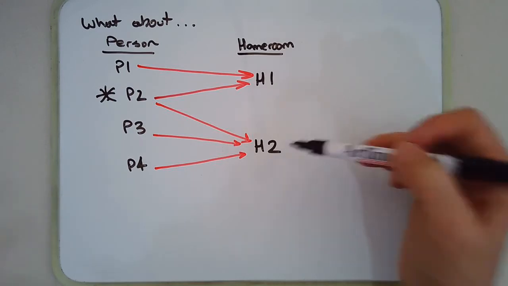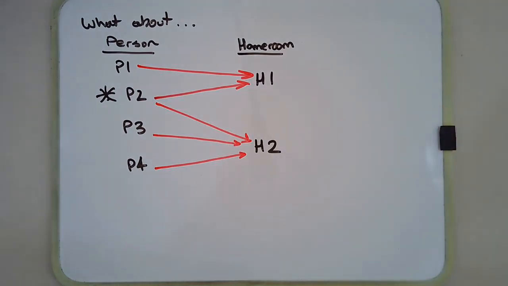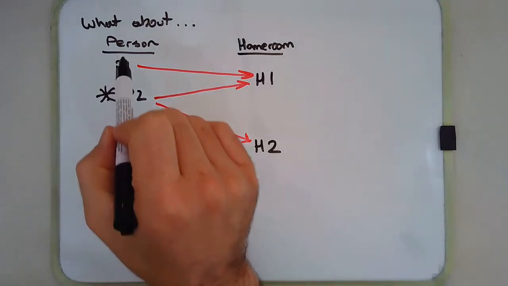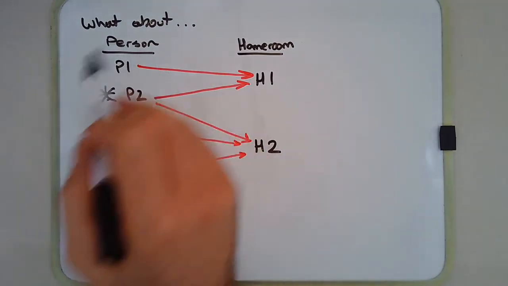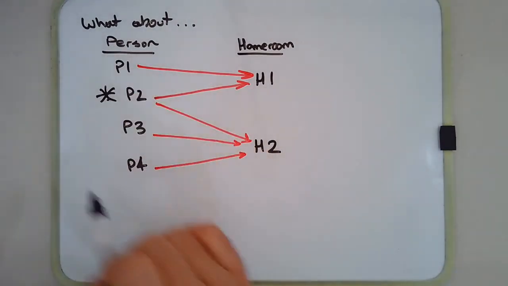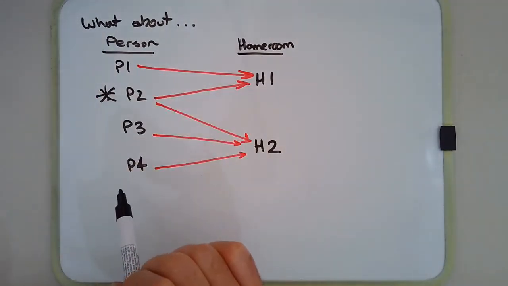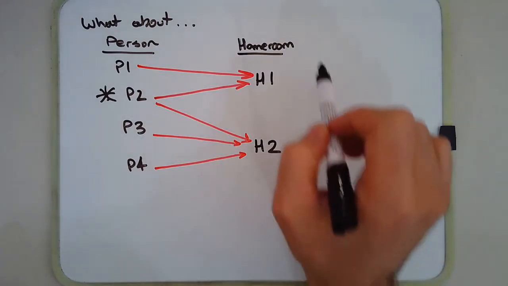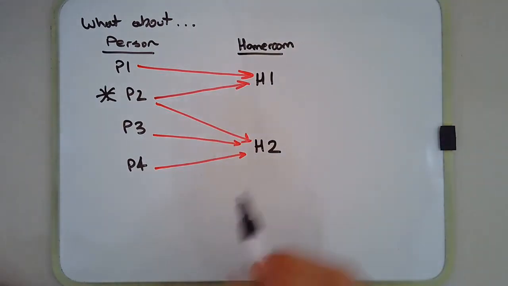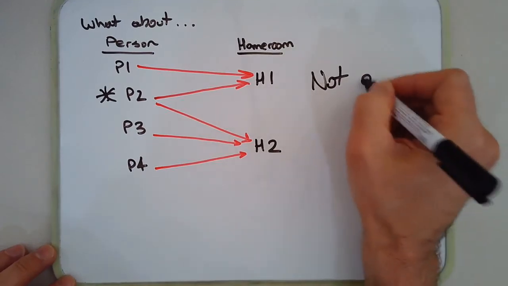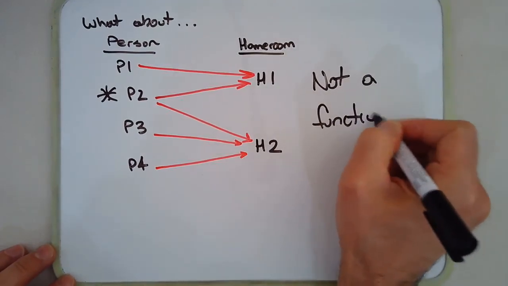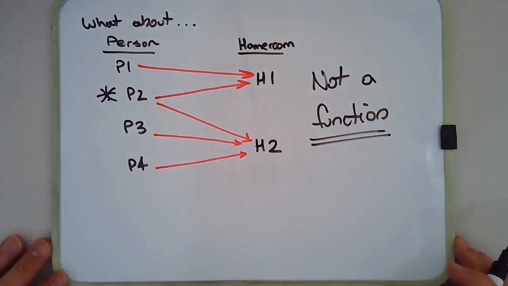And while, look, there may be a situation where this may be possible, I don't know, I'm just saying, this breaks the rule of a function, or the definition of what makes a function, that every element in the independent set can associate with no more than 1 element in the dependent set. So this one clearly is not a function. It's a relation of sorts, but it's not a function.